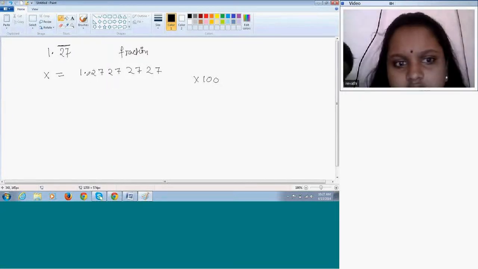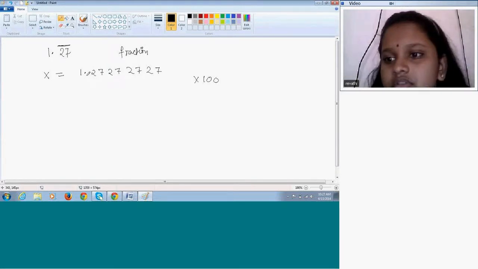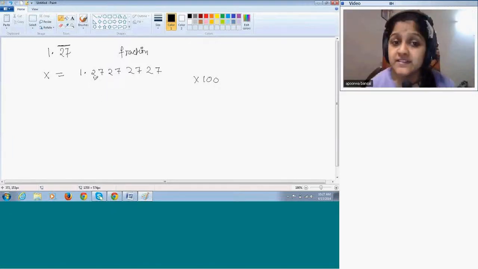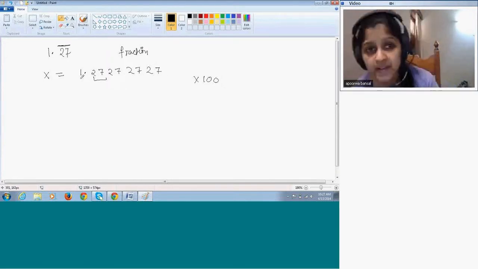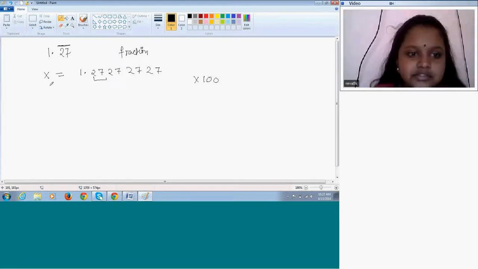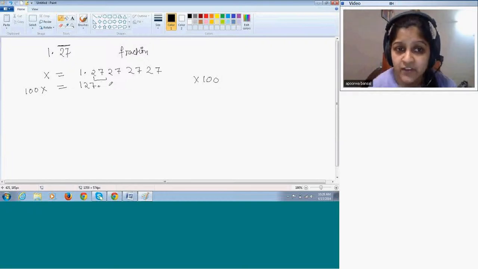Because the repeating part is a 2-digit number and only 2 digits are repeating itself. Right? We'll multiply it by 100. Yes. Okay. When I multiply it by 100, I'll get 100x equals 127.2727, right? Yes.